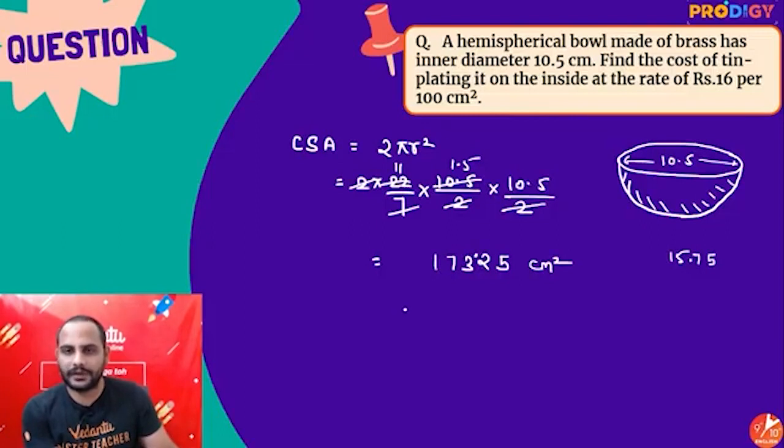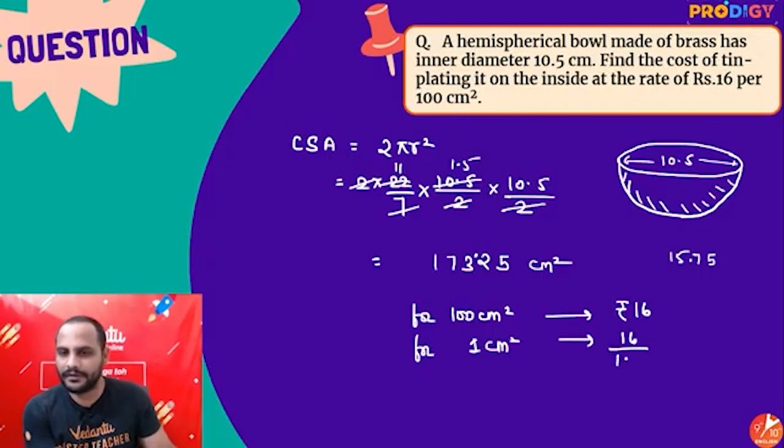Now see the cost, it is saying for 100 centimeter square, the cost is rupees 16. So for 1 centimeter square, the cost will be 16 upon 100. So the cost for 173.25 centimeter square will be 16 by 100 into 173.25.